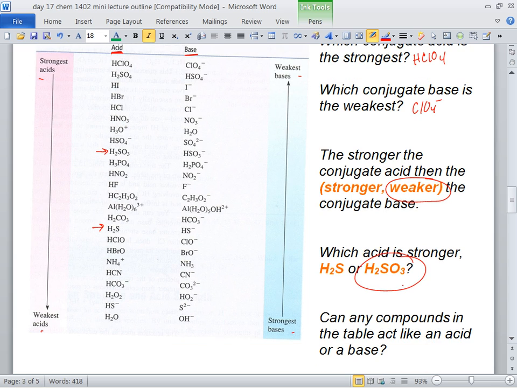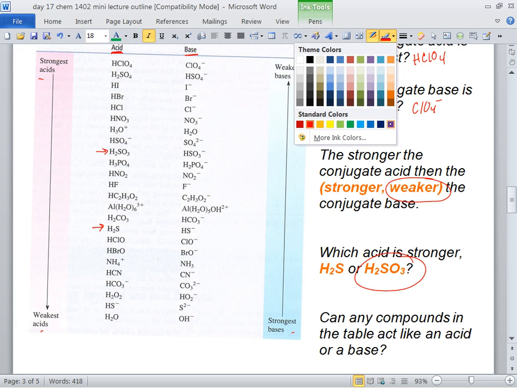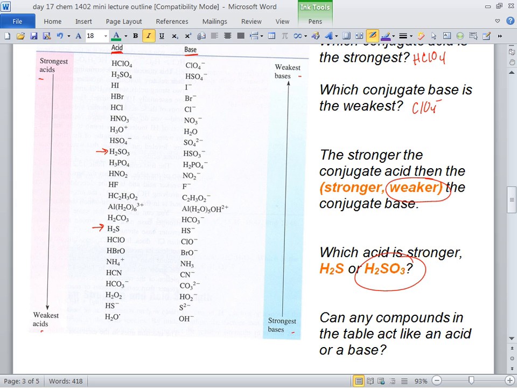How about this last question here, Kenneth? Can any of the compounds in the table act like an acid or a base? What's something that could act like an acid or a base? Water. So in other words, he sees water on both sides. You're right, it's on there. All right, so it has to be something that's on both sides.